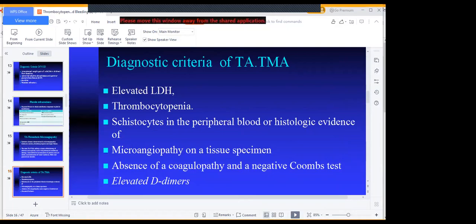Diagnostic criteria of transplant-associated thrombotic microangiopathy are elevated LDH, thrombocytopenia, schistocytes in the peripheral blood, or histologic evidence of microangiopathy on the tissue specimen, absence of coagulopathy, negative Coombs test, and elevated D-dimers.